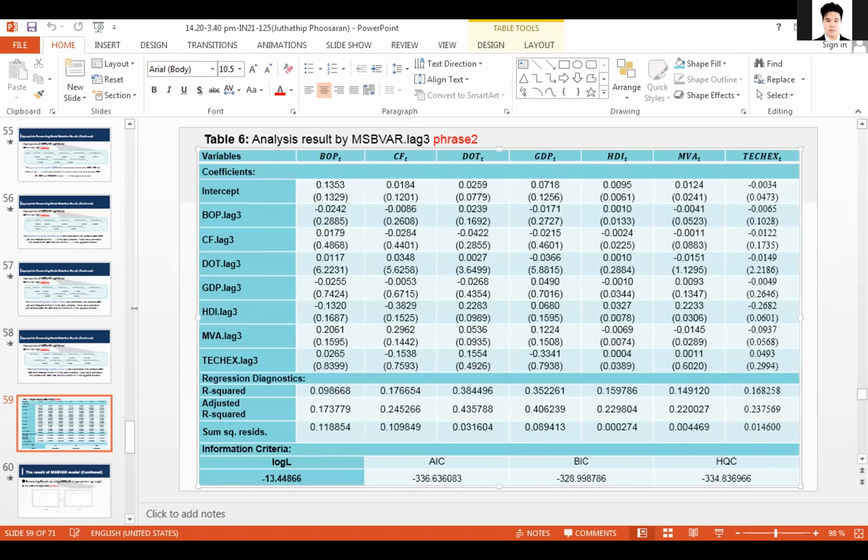But if you use log return to calculate the change or the growth of the variables, then you have to use natural log of Bt minus natural log of Bt minus 1.